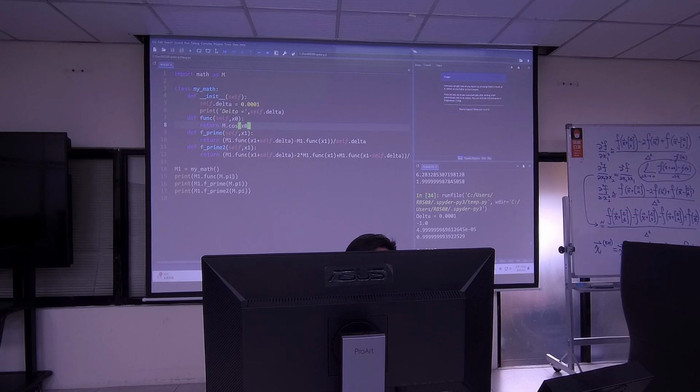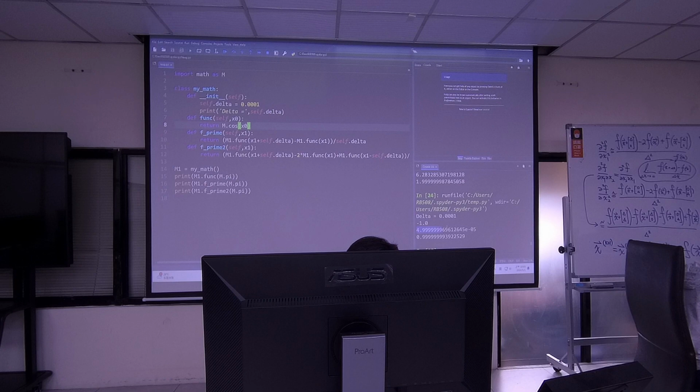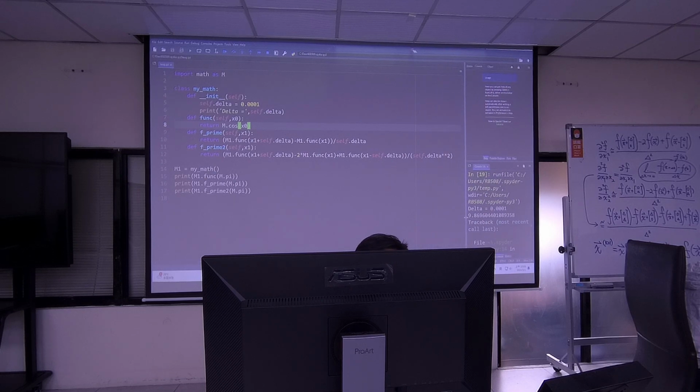So negative cosine pi is going to be 1. So cosine pi is negative 1. Take a derivative, it will be negative sine. Negative sine pi is 0. This is close to 0. So another derivative, it's going to be negative cosine. So negative cosine pi is 1.